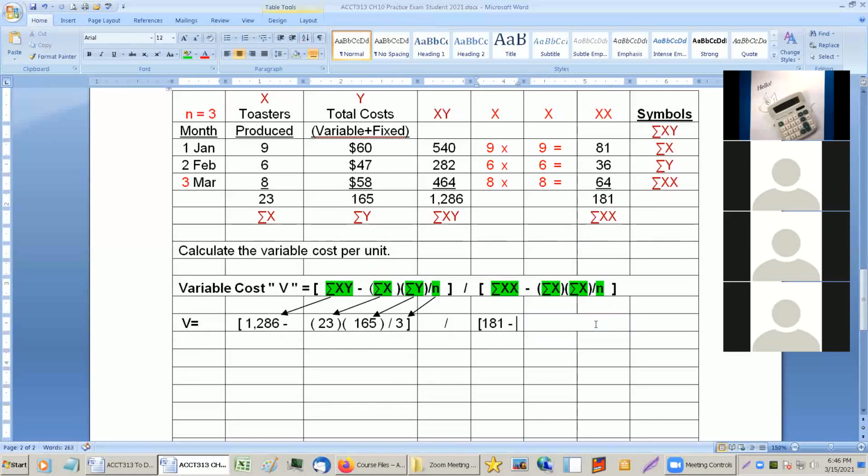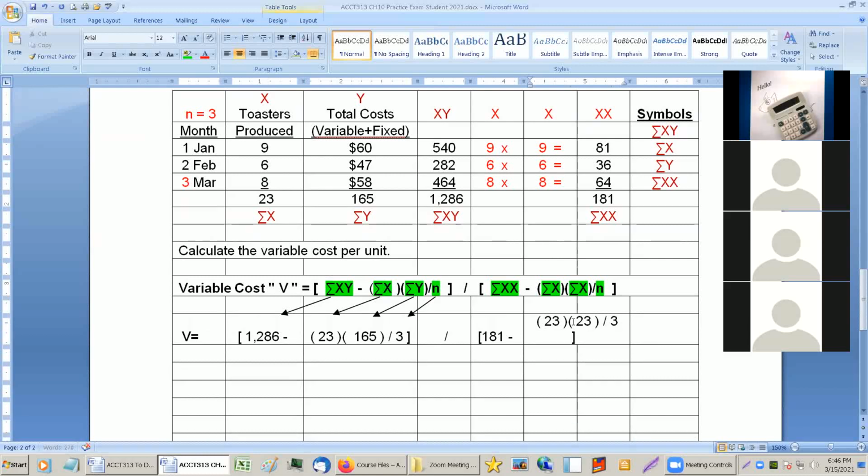Okay, that gives you a little more room. So now here we already did these. Summation of x is just that, 23, times 23, divided by 3.